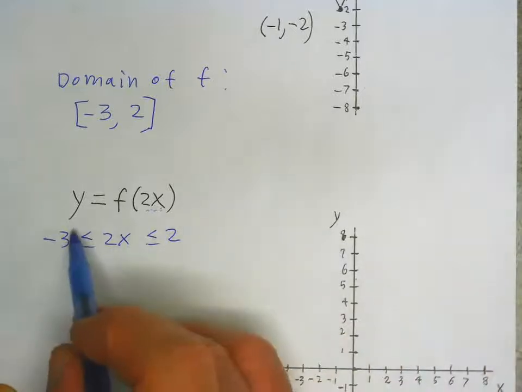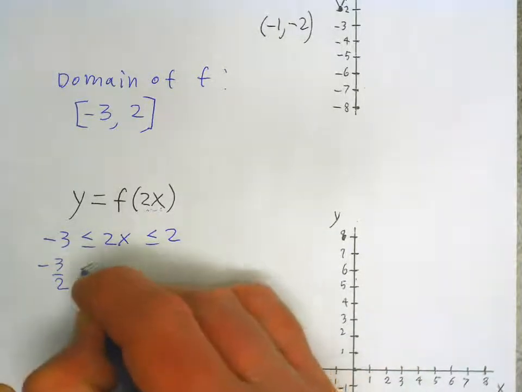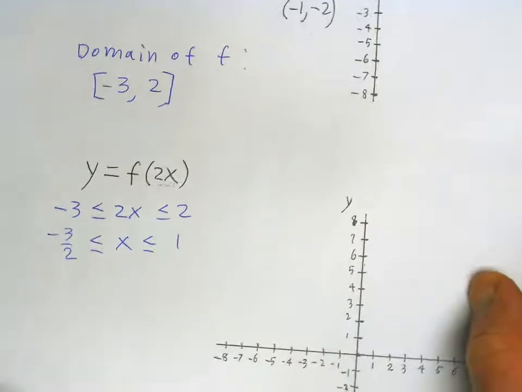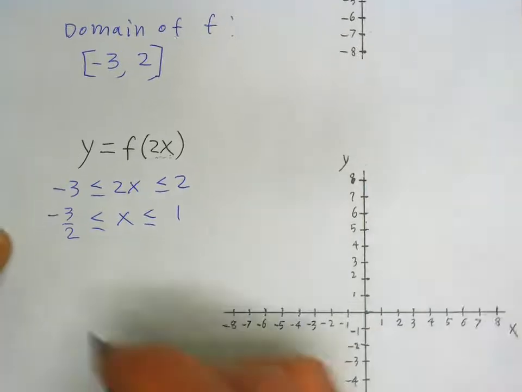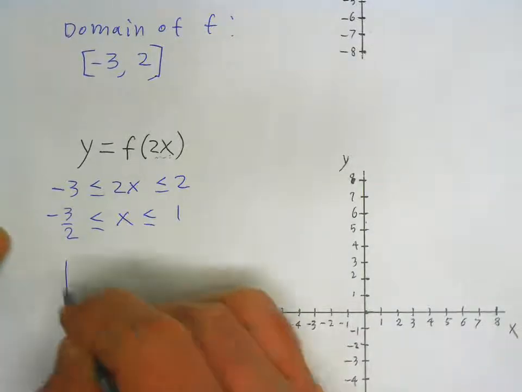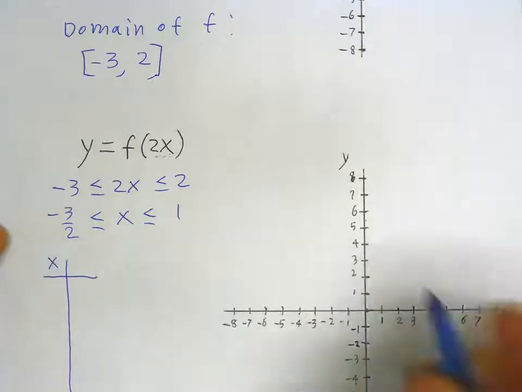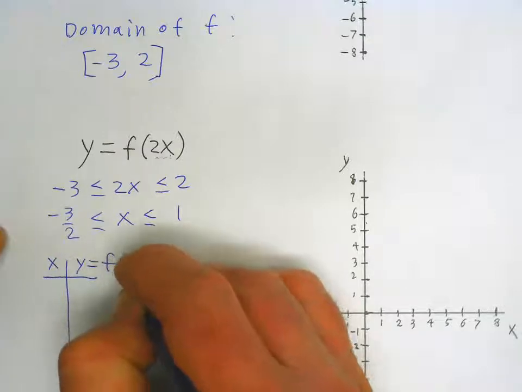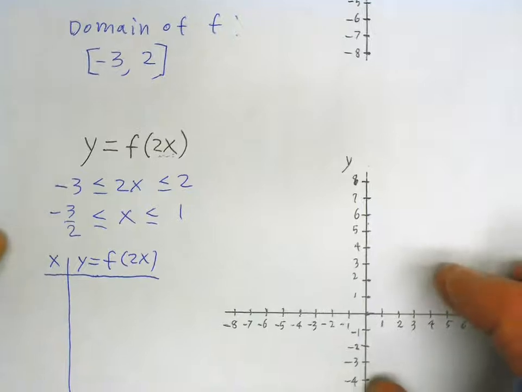So the domain of f of 2x is -3/2 to +1. Okay, but what we do next is similar. It's the same part of the process that we've been doing. We just might need to think a little harder on this one.